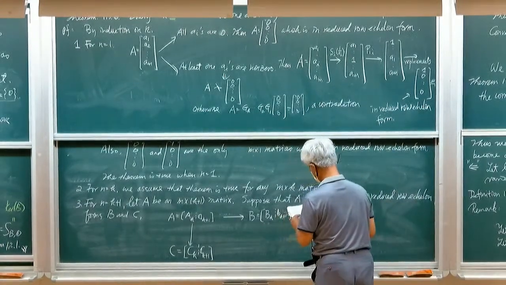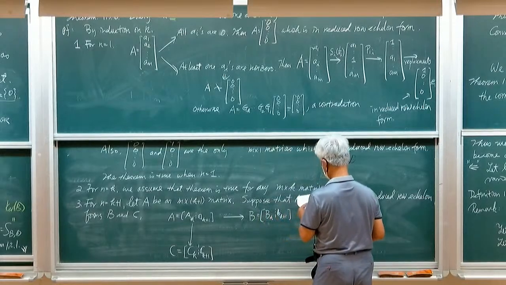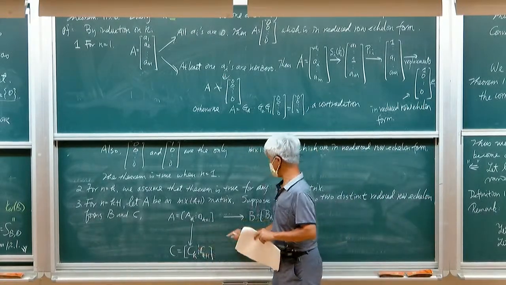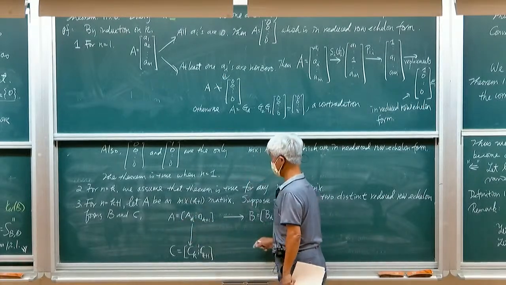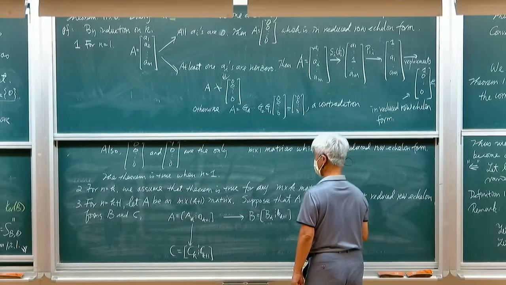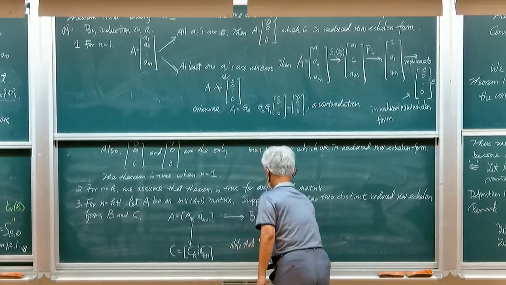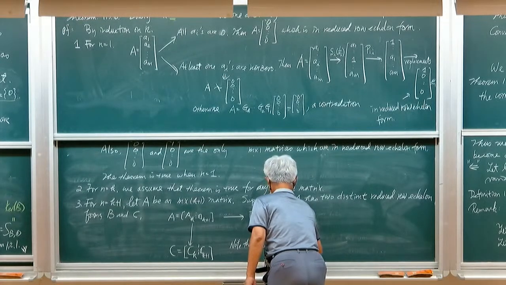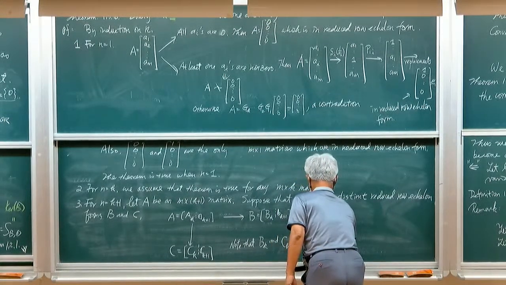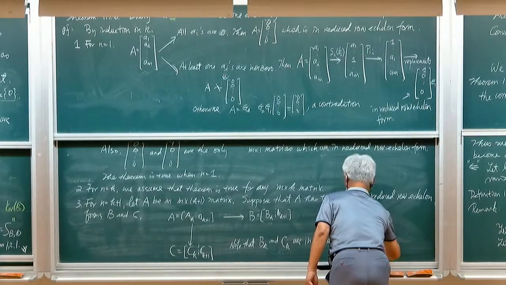Okay, and from this diagram, we apply row operations, so that you can see that B_k and C_k are row equivalent to A_k. Note here that B_k and C_k are in reduced row echelon form.